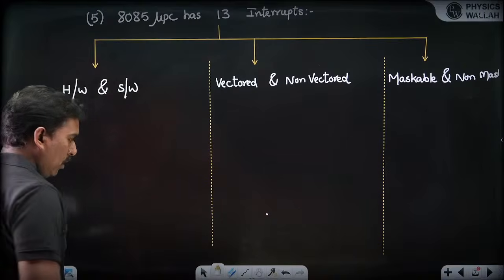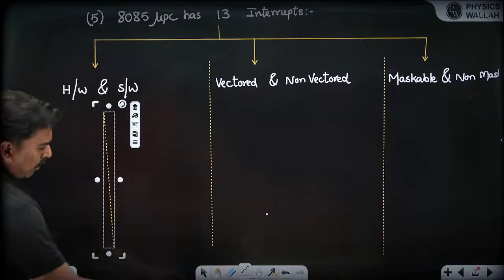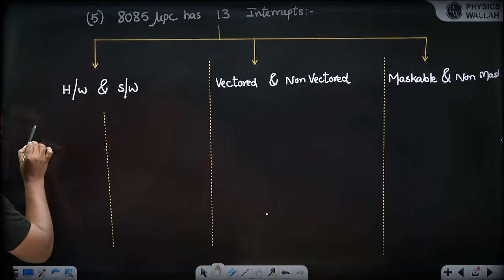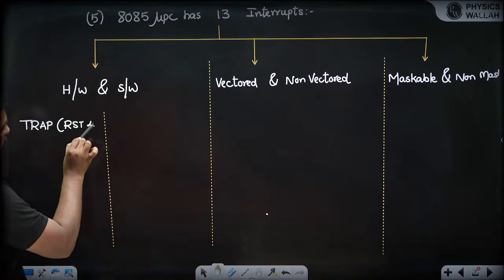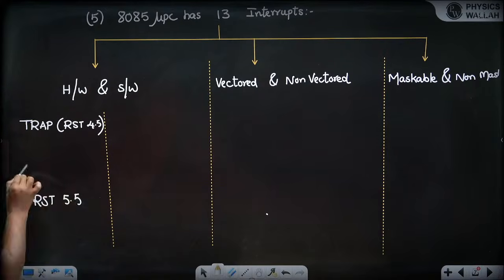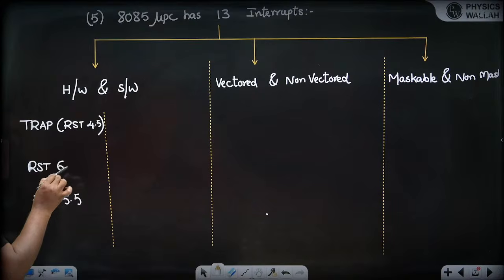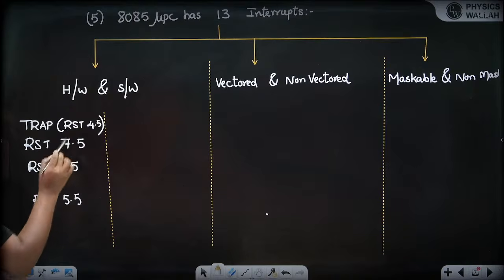Okay, so what are the hardware interrupts? The list of hardware interrupts: TRAP, which is also called RST 4.5, next comes RST 5.5, RST 6.5, RST 7.5 and INTR.